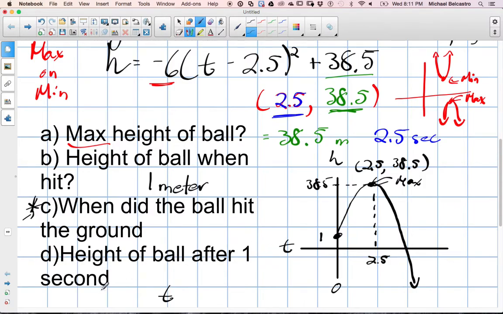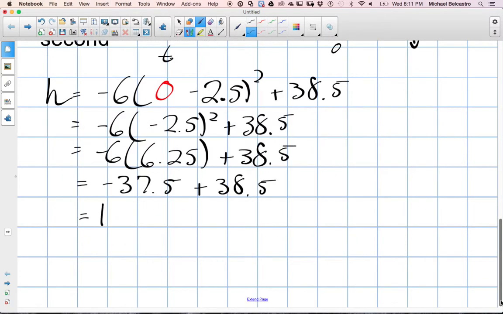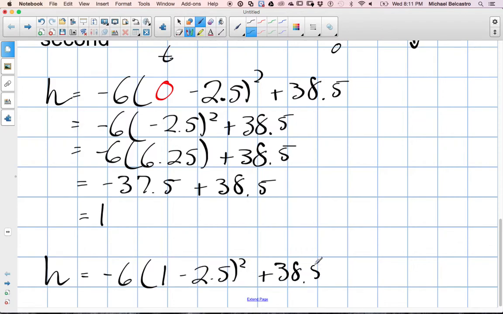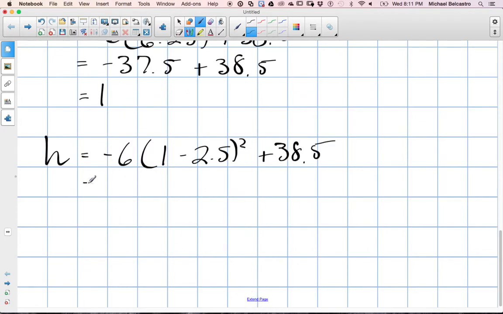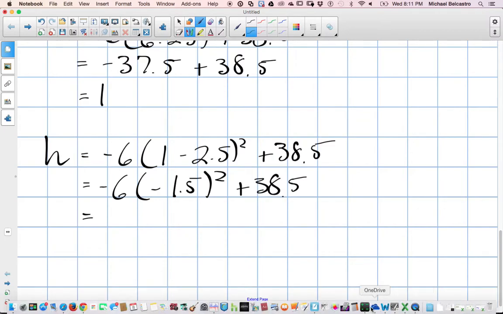D asks, what's the height of the ball after 1 second? Well, it's really similar to what we just did. Instead of putting 0, just plug in 1. Exactly. So let's quickly go through that one so we see the calculation. 1 minus 2.5 gives negative 1.5, squared, plus 38.5. I'm going to try to do this in one step instead of two.